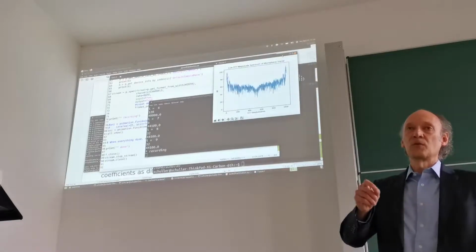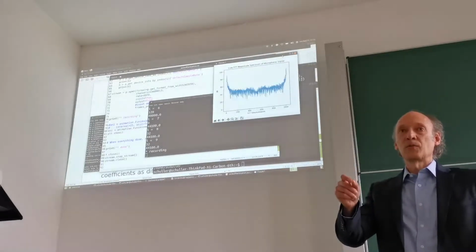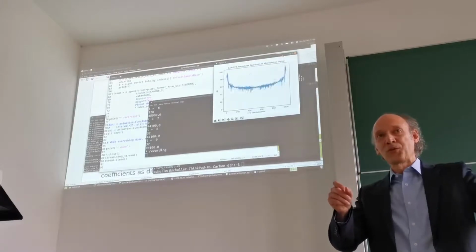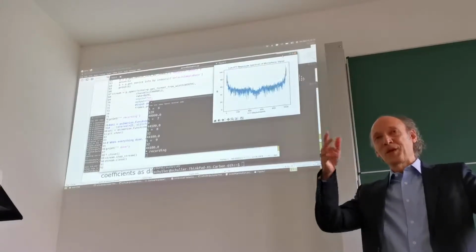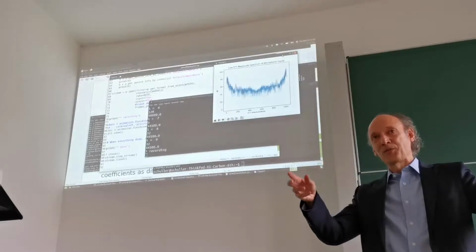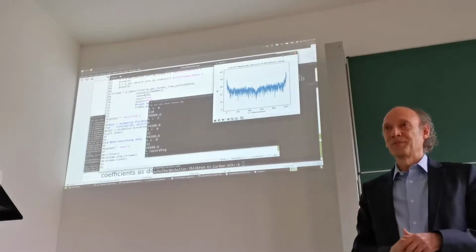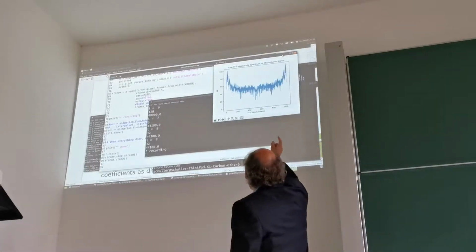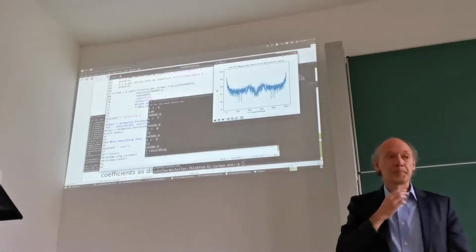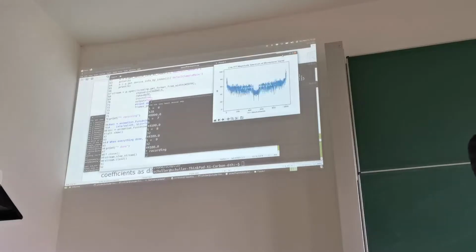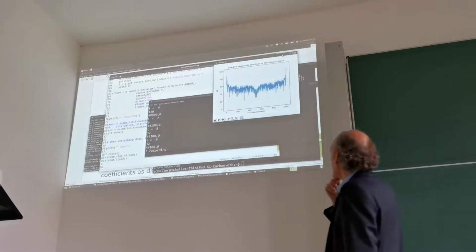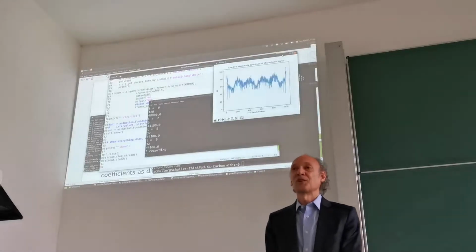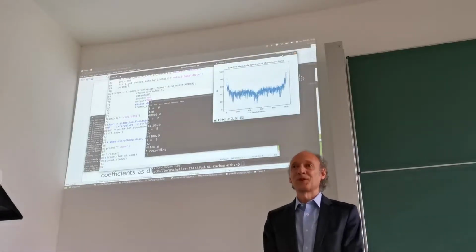Remember, it goes from 0 to N minus 1. So total we have 1024 samples, but since the lowest index is 0, the maximum index must be N minus 1. So here, the k goes from 0 to 1023. Yeah, and you can also see the symmetry around the center. So we have Nyquist. So which index is Nyquist here? Nyquist frequency?